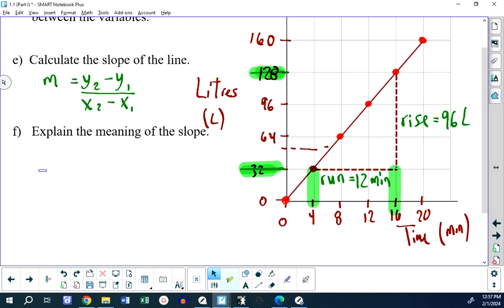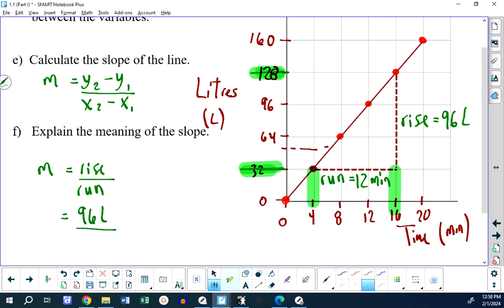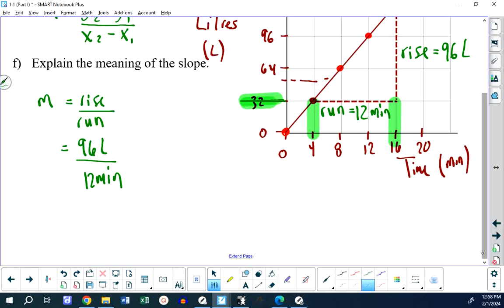So my slope is the rise over the run. And we said that's equal to 96 liters divided by 12 minutes, which gives me 96 divided by 12. Oh, I want to maybe say 8. Is that what it works out to be?